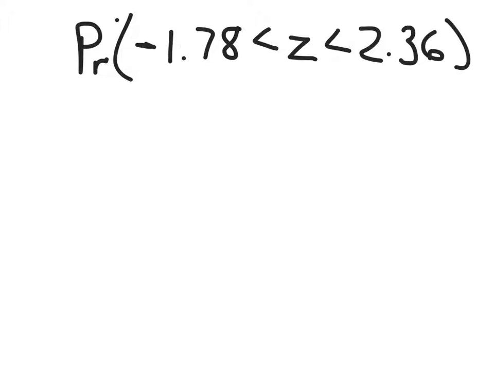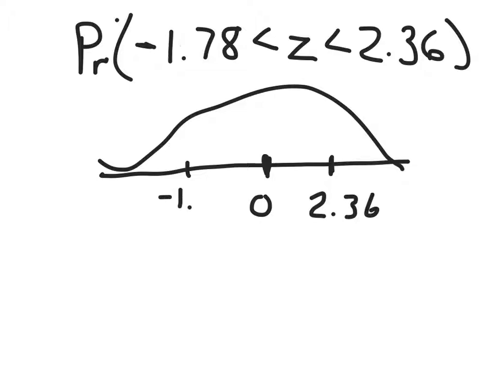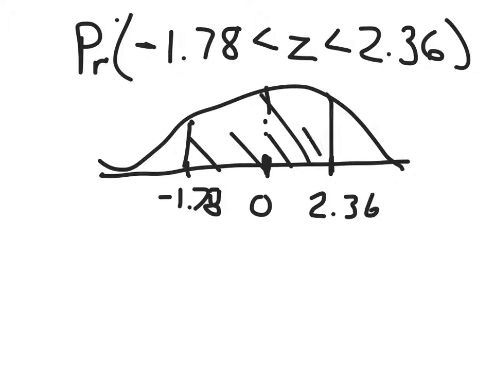Ooh, I'll have to use 2 tables. Okay. So let's draw our picture. Here's 0. Here's 2.36. Here's minus 1.78. Okay, so I'm really looking for that shaded in piece in the center.